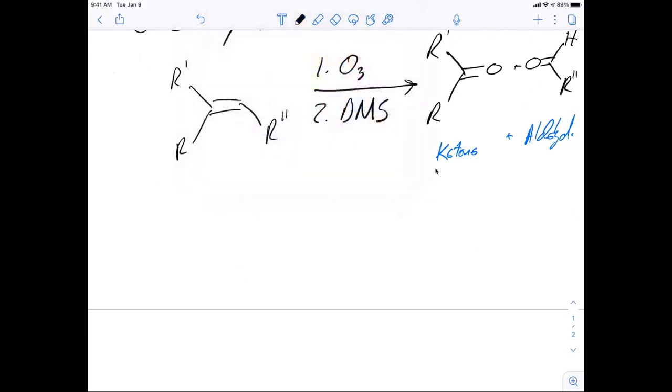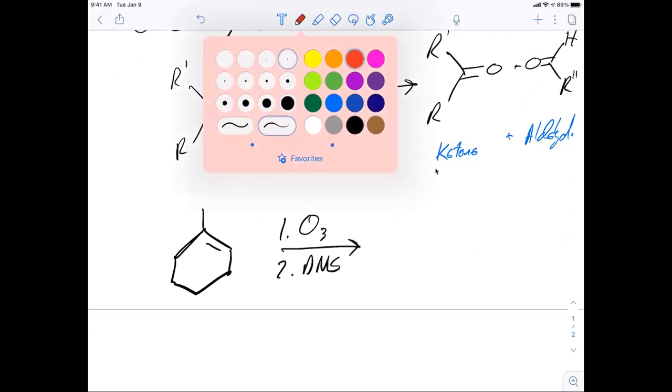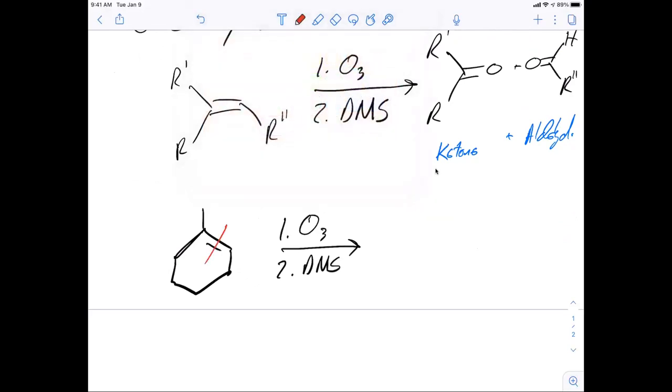And then if we had an example, if we had something like this with ozonolysis, the way to think about that is I'm just going to cleave that double bond. So I'm going to break that double bond. I'm going to add oxygens to both sides. So in this case, that'll be an oxygen.